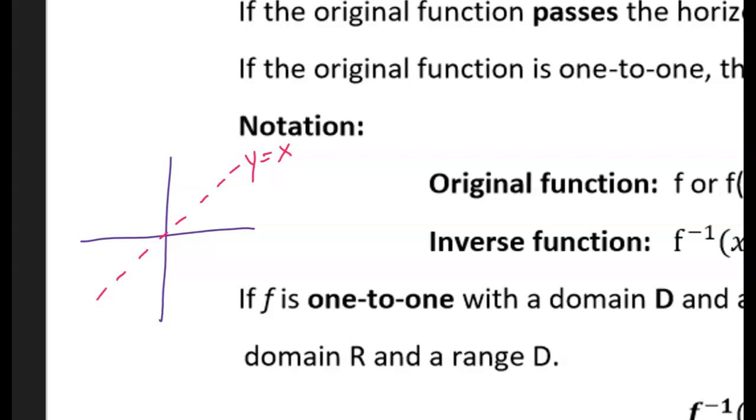Now, if I give you a point, say, -2, 1, and I told you find the inverse point, what would you tell me? 1, -2. How did you get that?